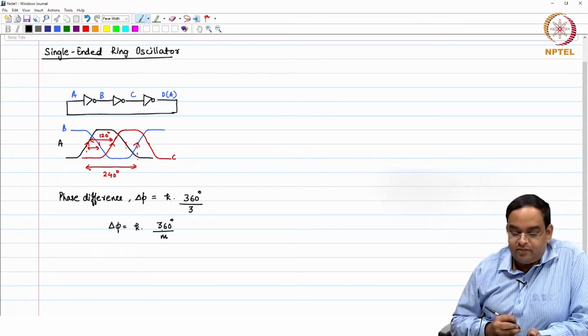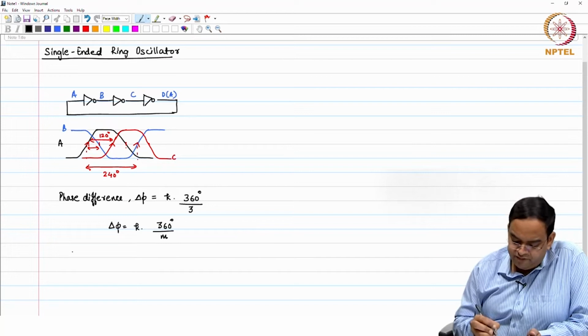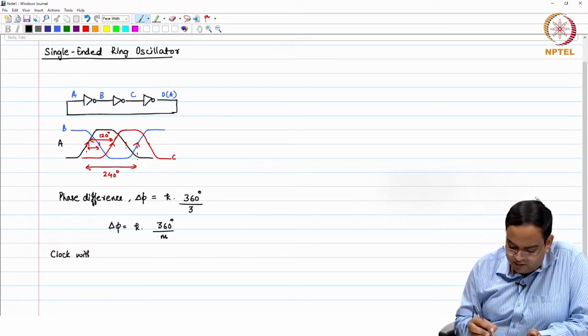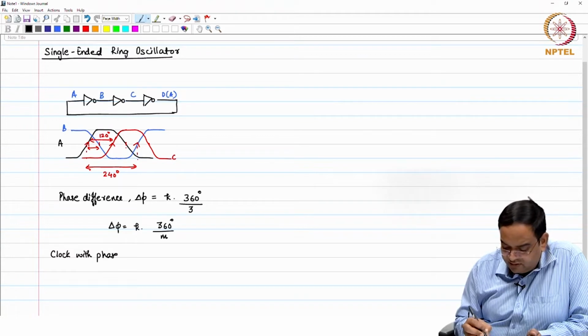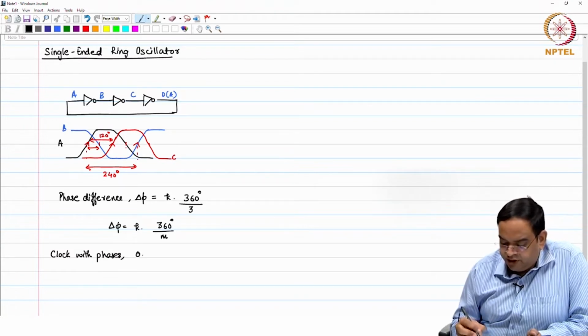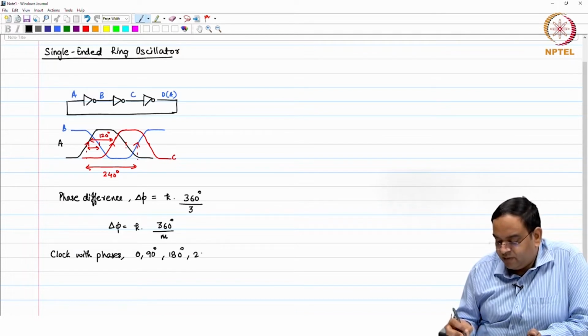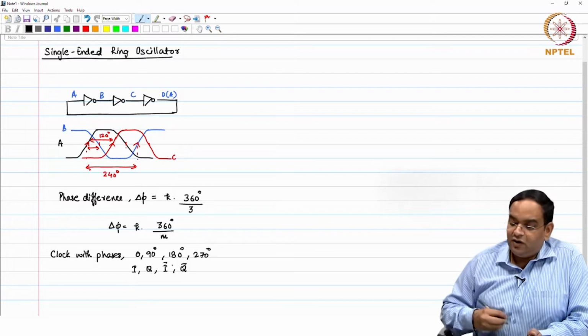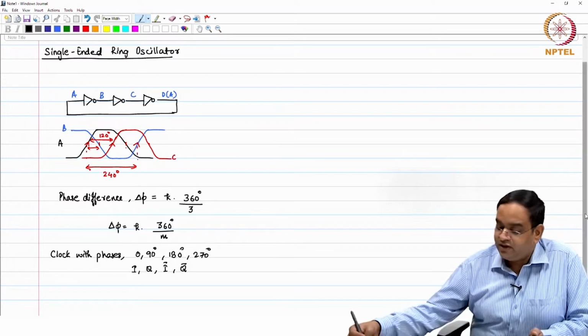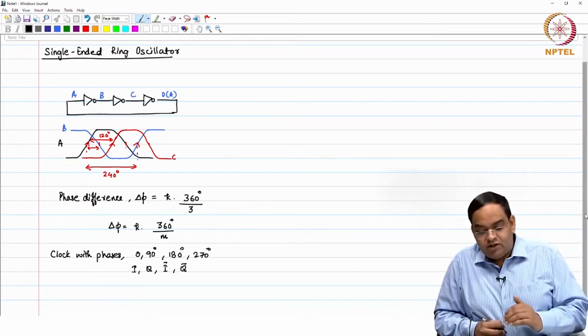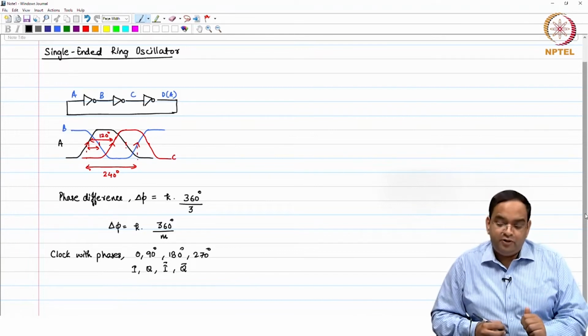So, quite often you need clock phases 0, 90 degree, 180 and 270. These are, by the way, called quadrature clocks, where I can say I, Q, I bar and Q bar. And ring oscillators give you an opportunity to generate such kind of phases.